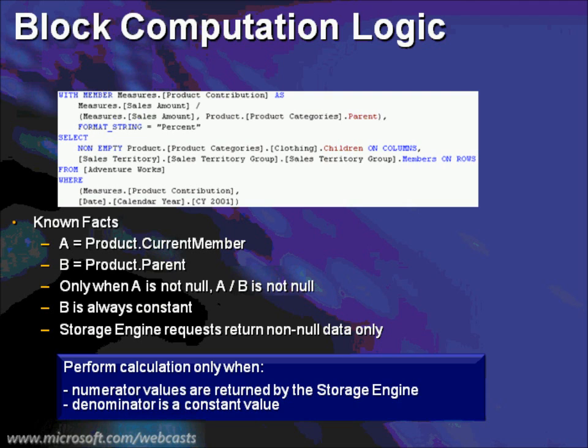Modifying the calculations to evaluate only when values are returned by the storage engine was only partially implemented in Analysis Services 2005, resulting in performance improvements in some situations, but the improvement was not complete. In 2008, we made some changes. The goal is to only calculate non-null values, or more correctly, non-default values.